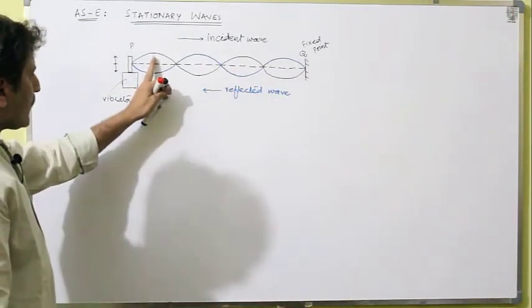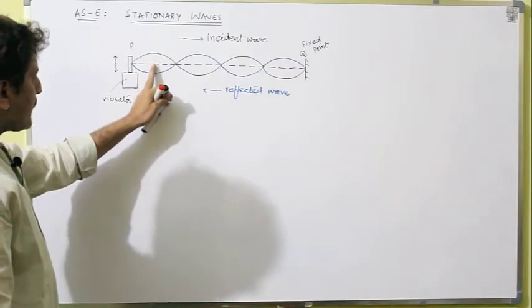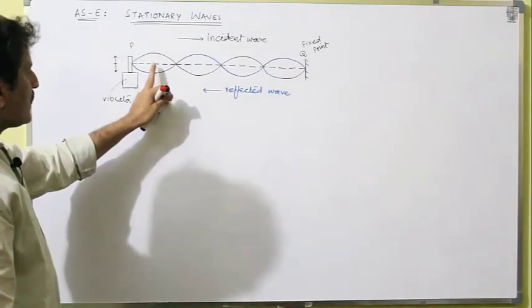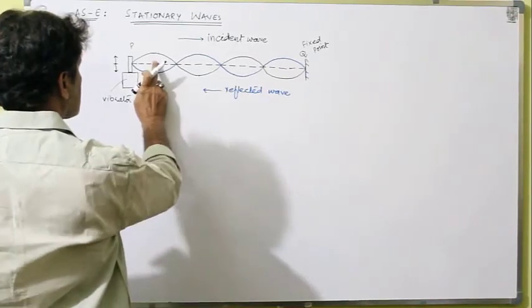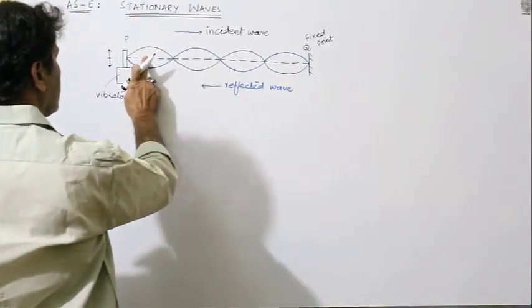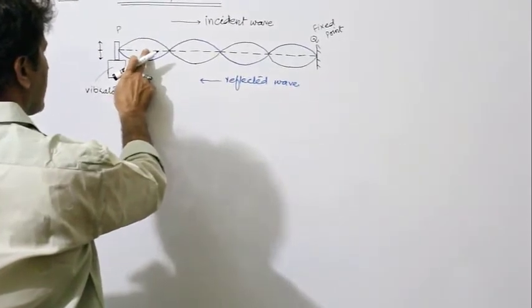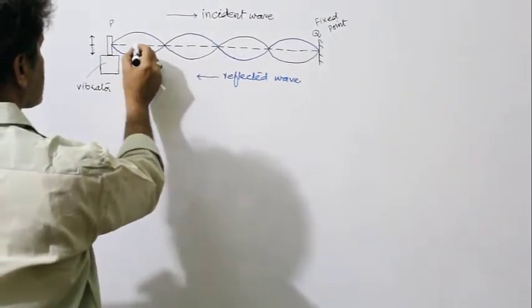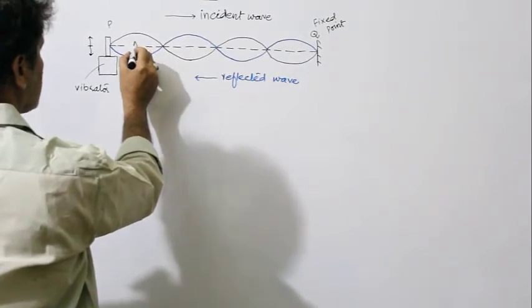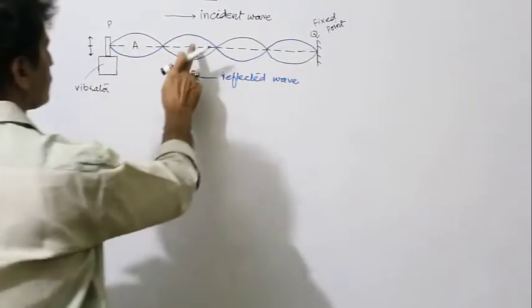Basically, where the amplitude of the wave is maximum, these points are called antinodes, and these points are the result of the incident wave and the reflected wave when the constructive interference occurs between the incident wave and the reflected wave.